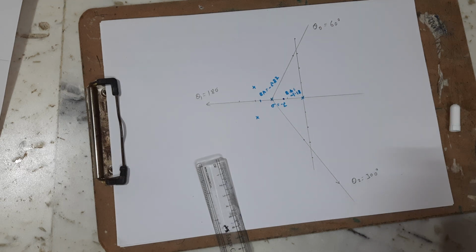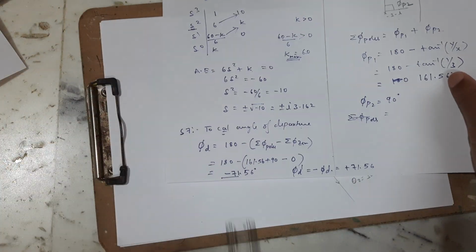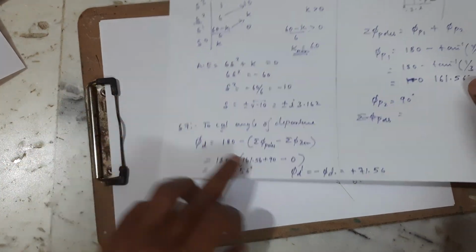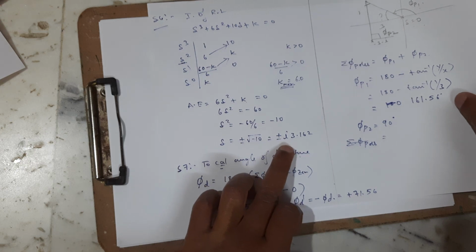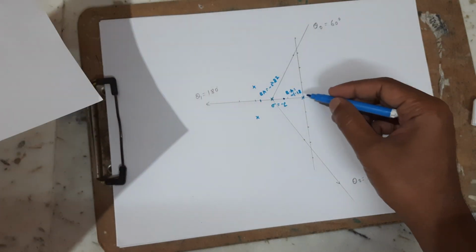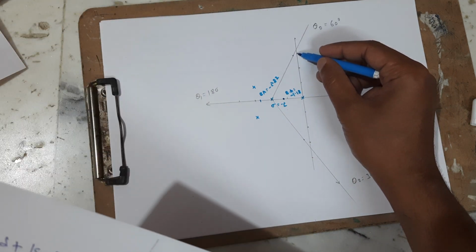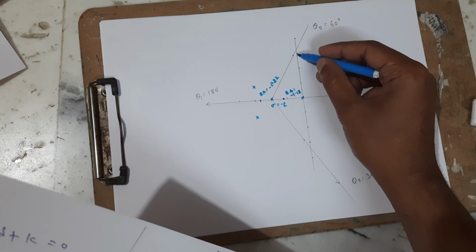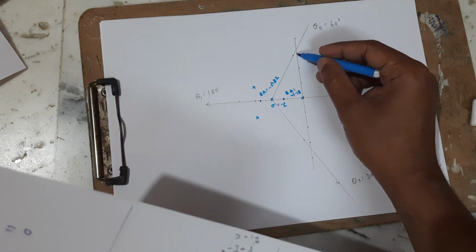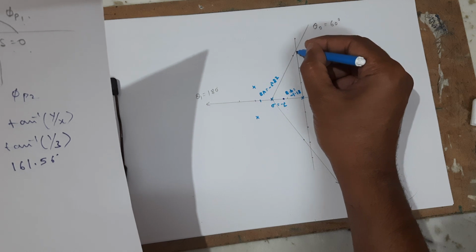Okay, so what is the next thing we have to find out? We have to find the intersection of root locus with the imaginary axis. It is plus 3.162. So this is 1, 2, 3, so 3.162 approximately somewhere here.